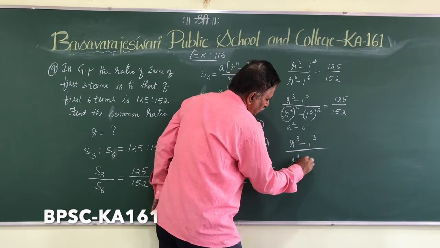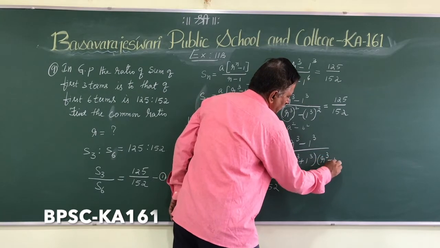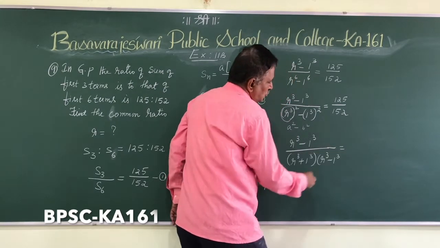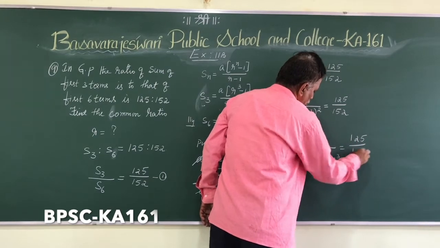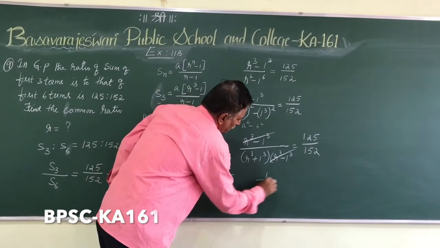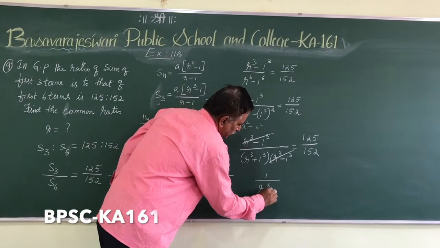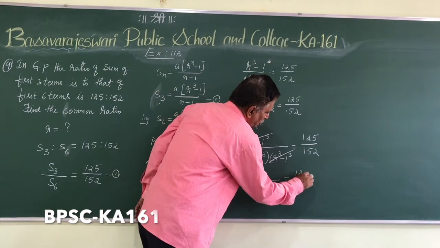A plus B into A minus B, equal to 125 divided by 152. So these two will get cancelled, and I will get 1 divided by R cube plus 1 cube, which is 1, equal to 125 divided by 152.